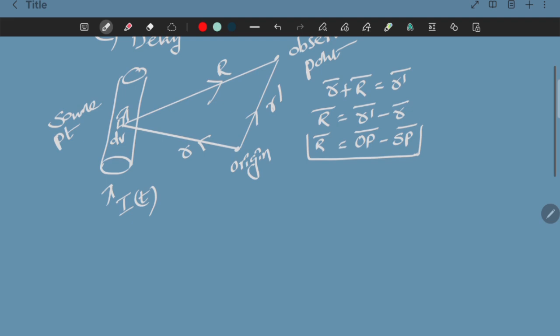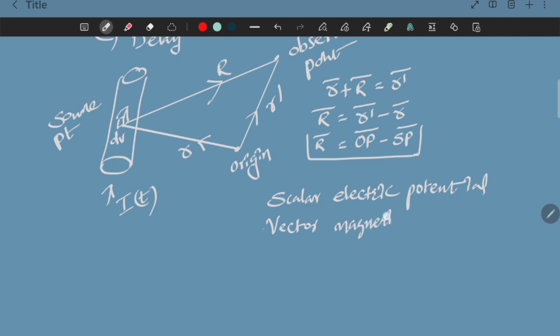So what I'm saying is, because of the current flow in the conductor, you will get the fields in the space. And here we will take the potentials. Two potentials are possible. One is scalar electric potential and second one is vector magnetic potential.